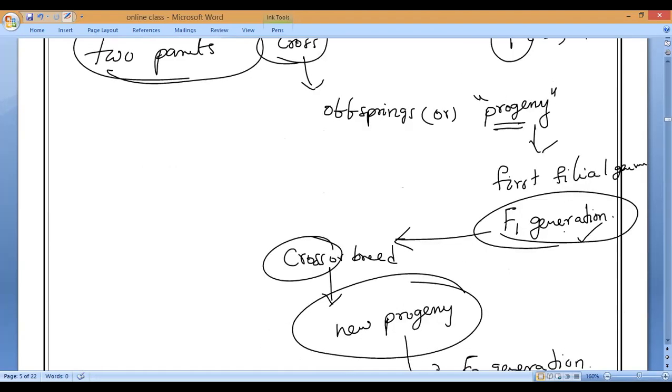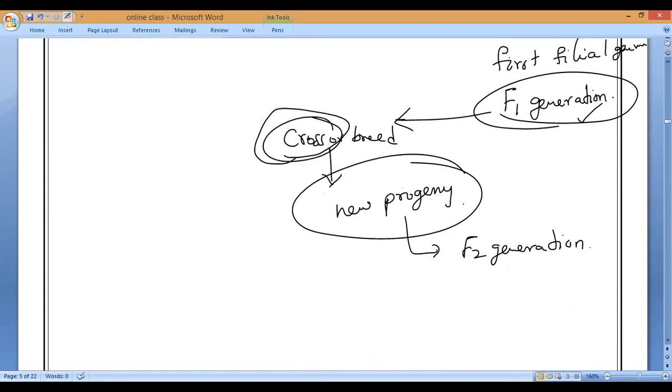Now, this F1 generation undergoes a cross and they will get the new progeny. That is what we used to call the second filial generation, which we call the F2 generation.